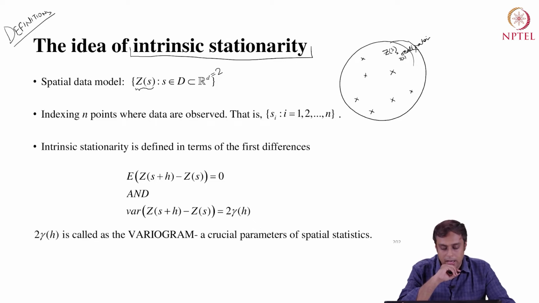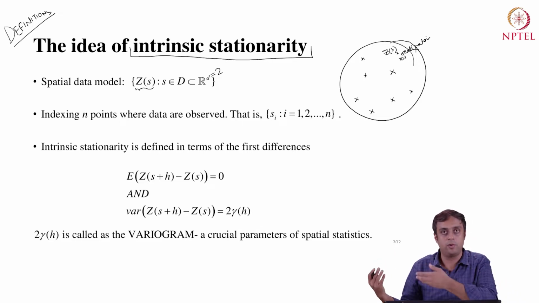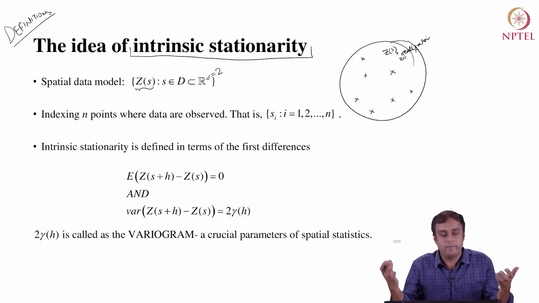And s is simply the index also, so every location is unique, so I can just call it location 1, location 2, location 3, location 4, all the way to location n.